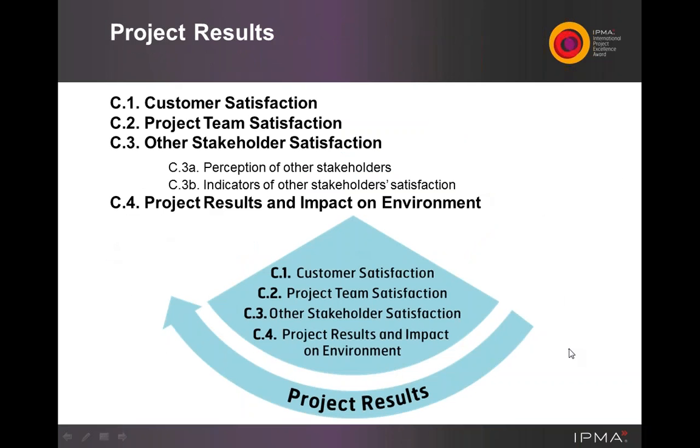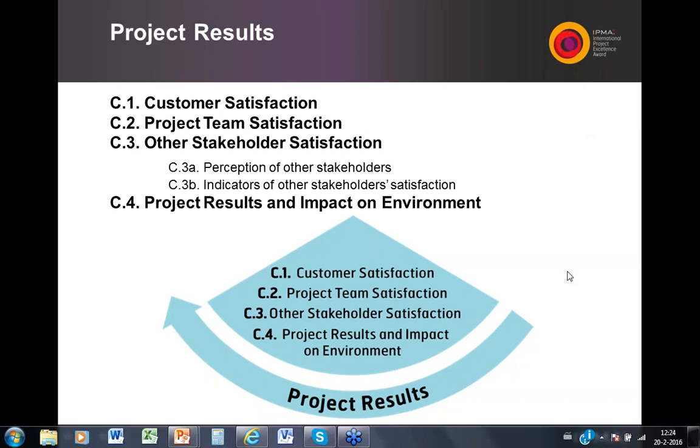To move on, the third area of the project excellence model is the project results. This is where you'll find proof of everything that's been organized by the project and the project leadership. The criteria are customer satisfaction, project team satisfaction, other stakeholder satisfaction, and project results and impact on the environment.